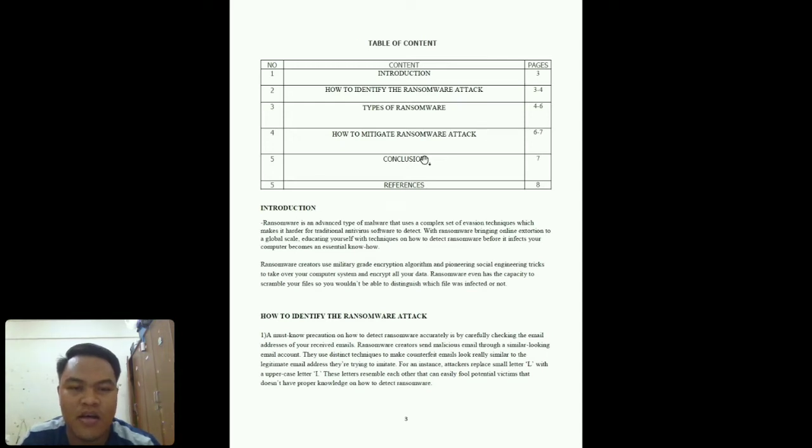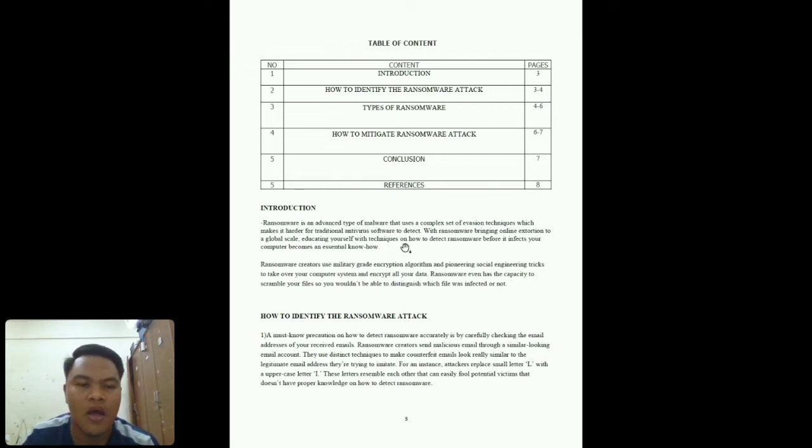For the introduction, ransomware is an advanced type of malware that uses a complex set of evasion techniques which make it harder for traditional antivirus software to detect, with ransomware bringing online extortion to a global scale. Educating yourself with techniques on how to detect ransomware before it infects your computer becomes essential know-how.